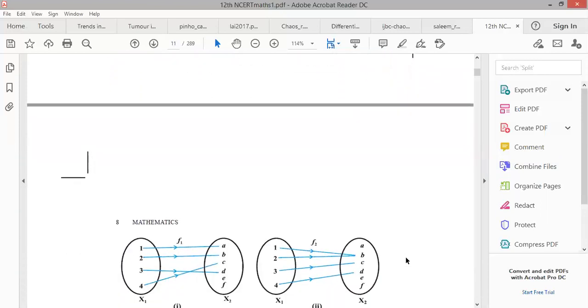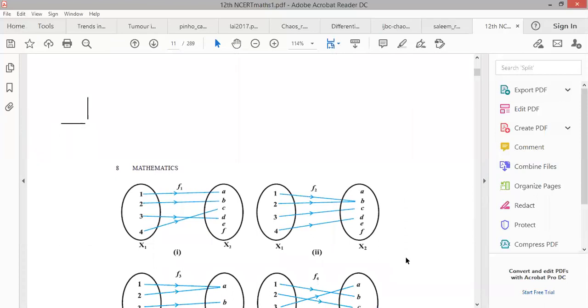Okay, you can see now. First of all, we discussed one-one function. One-one means different elements should have different images under the given mapping. So you see, 1 has been mapped to A, 2 has been mapped to B, 3 has been mapped to D, and 4 has been mapped to C. So this is a one-one function because different elements of set x1 are mapped to different elements of set x2.